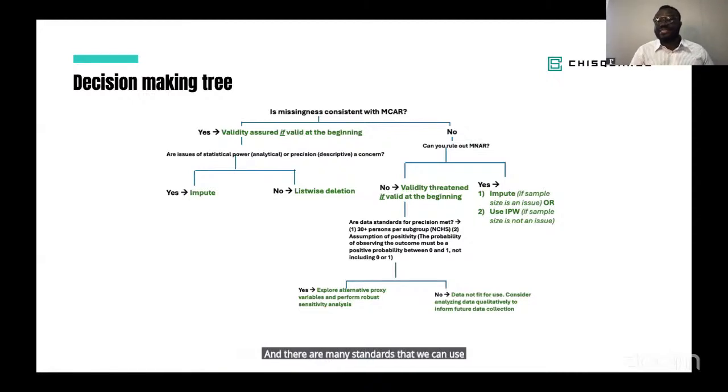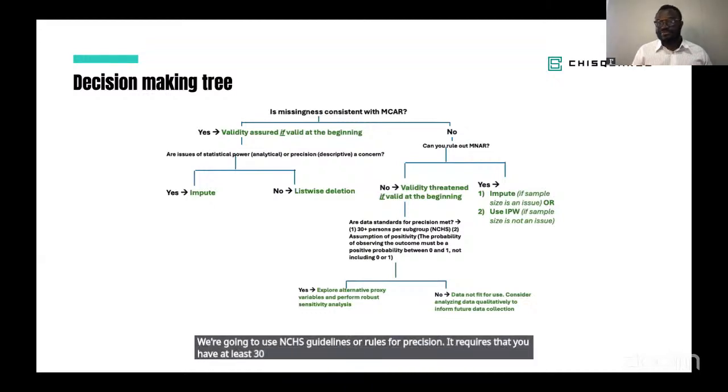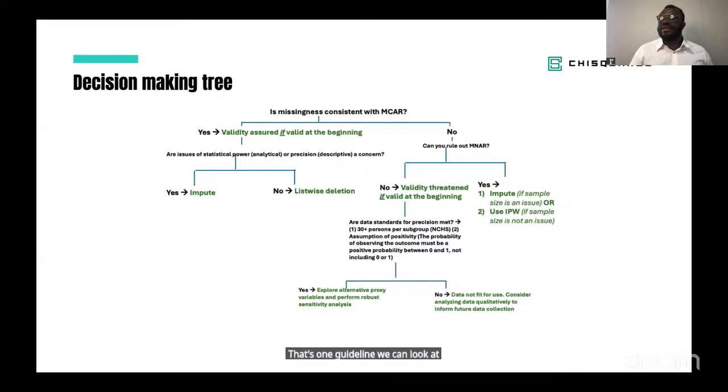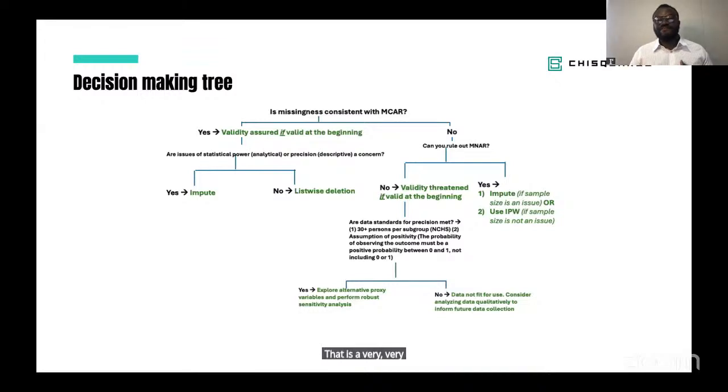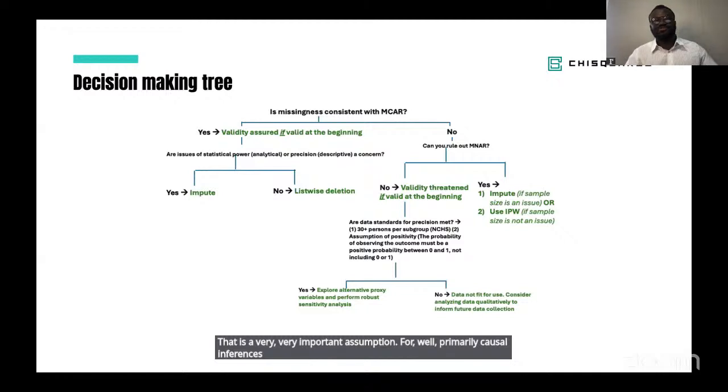We can use NCHS guidelines or rules for precision. It requires that you have at least 30 individuals per cell. That's one guideline we can look at. And then from a causal inference perspective, we need to make sure that there is positivity. That is a very, very important assumption for, well, primarily causal inference, but we can also generalize it to research in general.